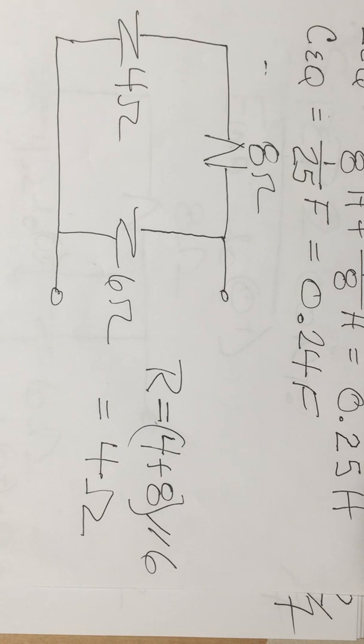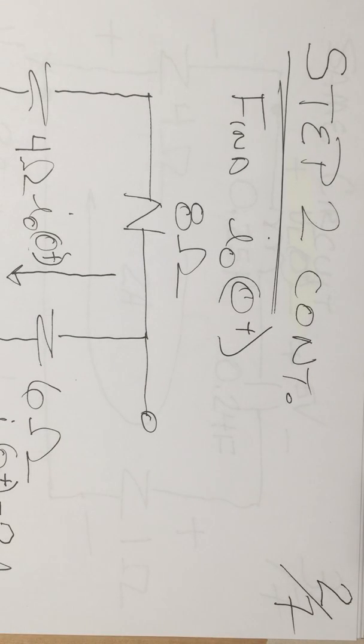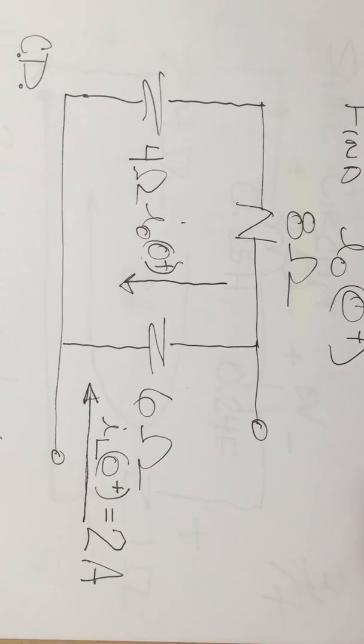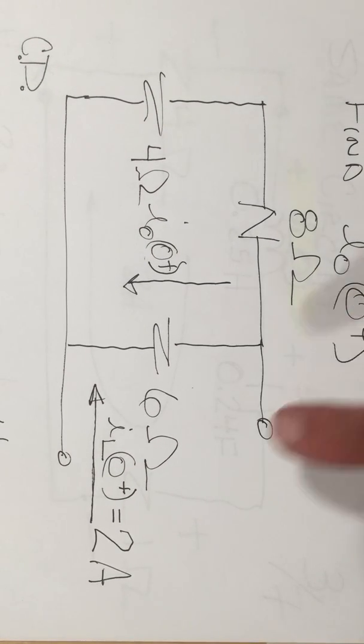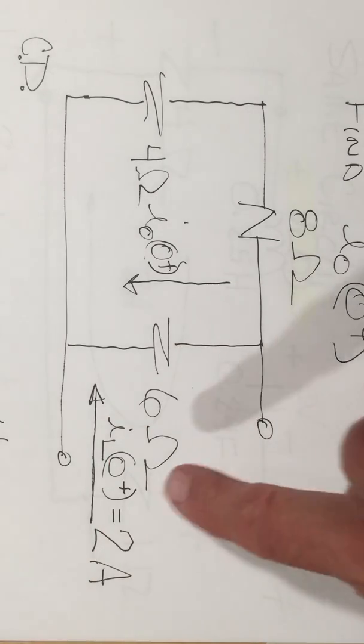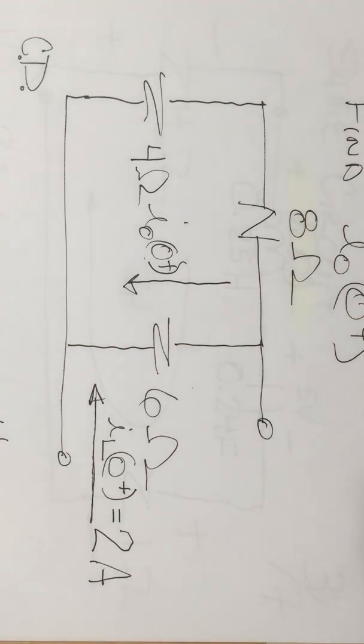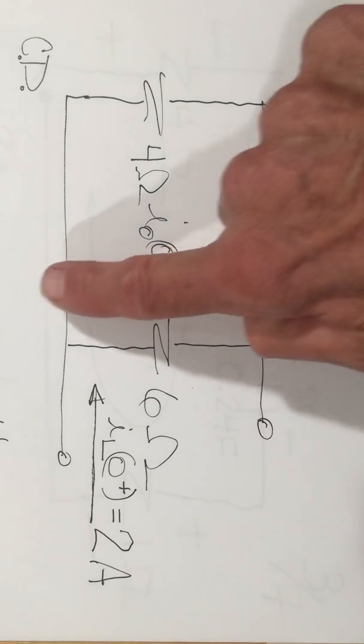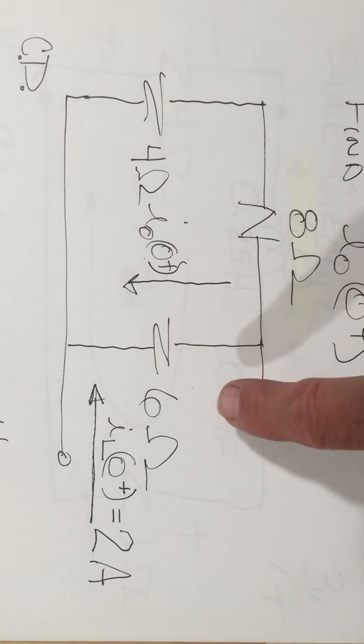All right. So now I also need to find in step 2 what IO0 plus is. So I'm going to find IO0 plus based on that resistor network I just drew. So using current divider, I know that IL0 plus is coming into this node right here, and I can use current divider to find the current going this way in the 6 ohm resistor.